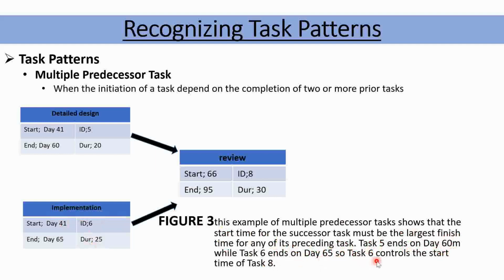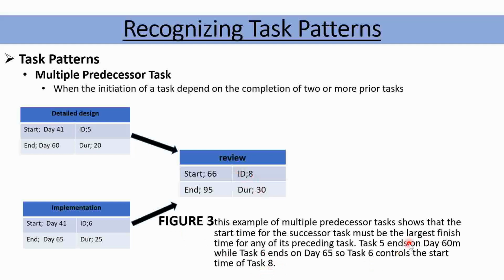So task 6, this one, controls the start time of task 8. The start time of task 8, right? We call it IT 8, so we're going to say it is task 8. I did explain what an IT is, right? So now it controls the start time of task 8.